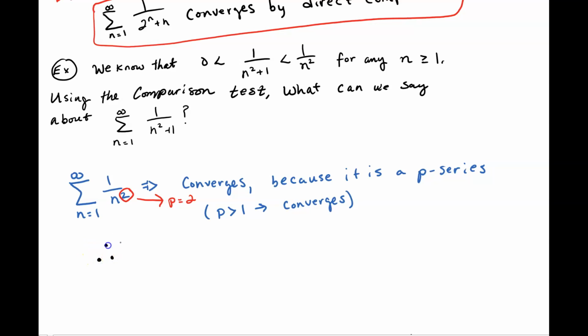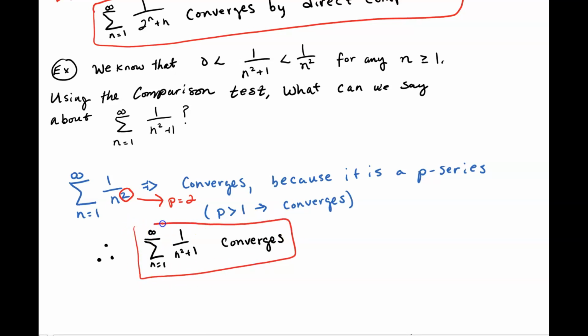Therefore, our conclusion is that the summation from 1 to infinity of 1 over n squared plus 1 must also converge. And that's because it's smaller than 1 over n squared, which already converges because it is a p series with p equal to 2. And remember, for it to converge, p has to be greater than 1.